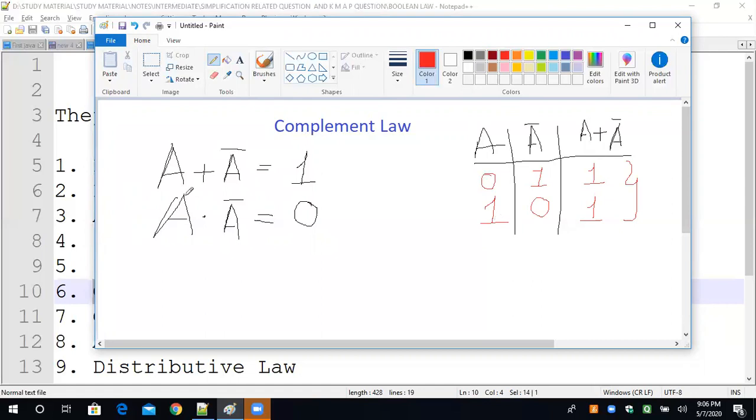Okay. Now the second law is A dot A bar is equal to 0. No problem. Here I am writing A, A bar, and after that A dot A bar.